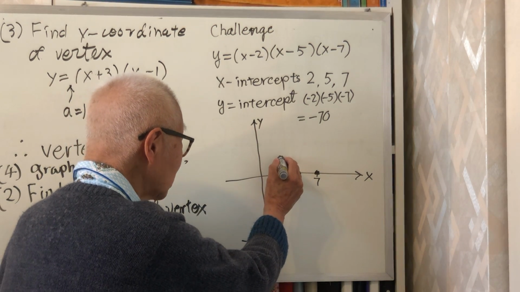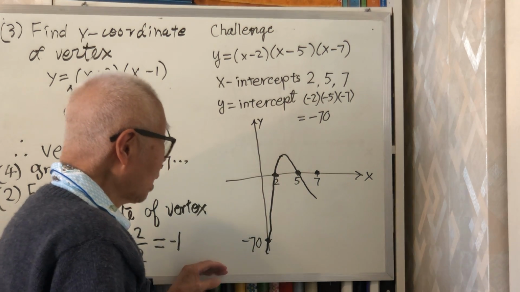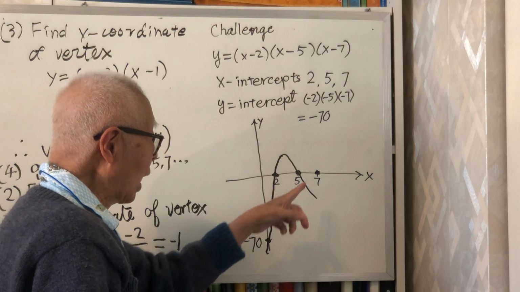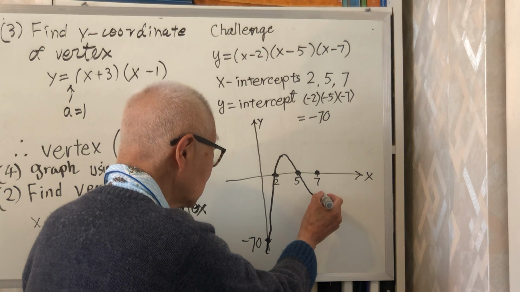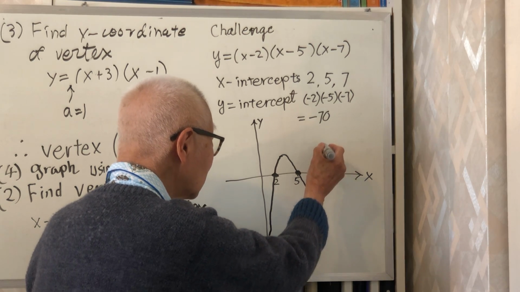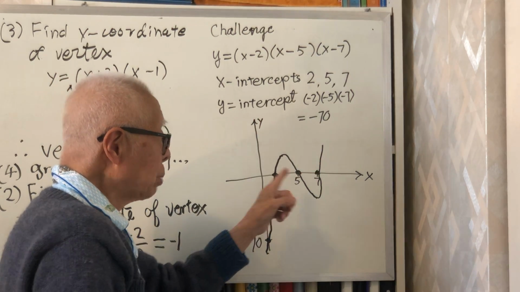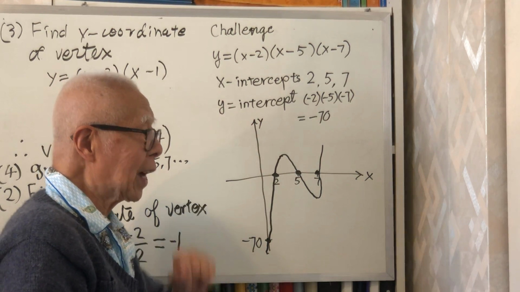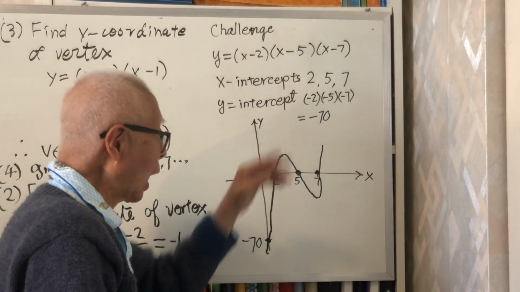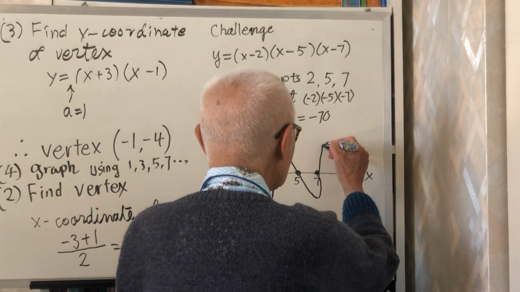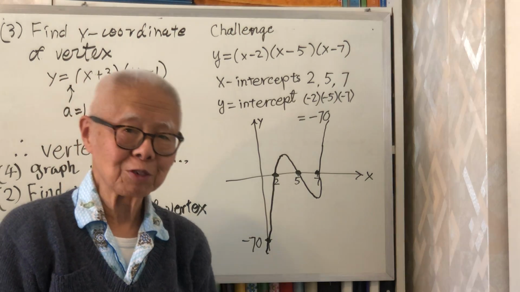So you have to bend it. But you cannot go down forever. You have to pass through this point. So you have to bend it up. Do you need to bend it again? No, because these are the only 3 x-intercepts and you have no more x-intercepts. So it goes up forever. That is your graph.